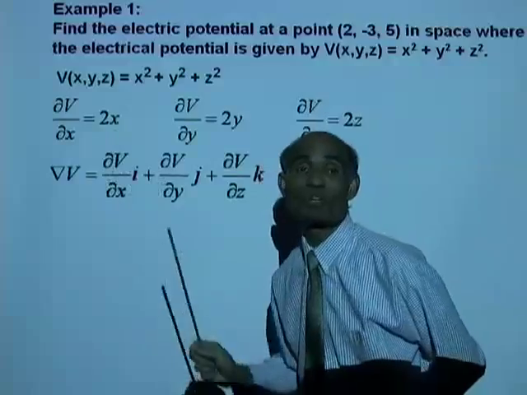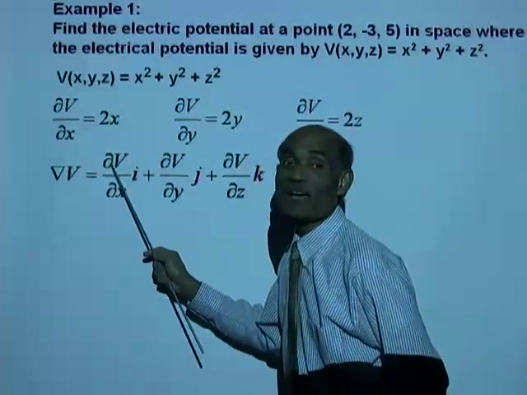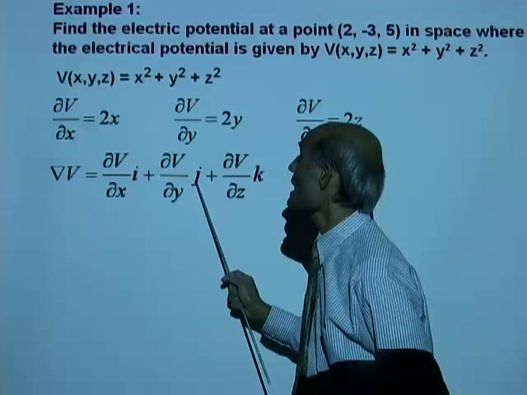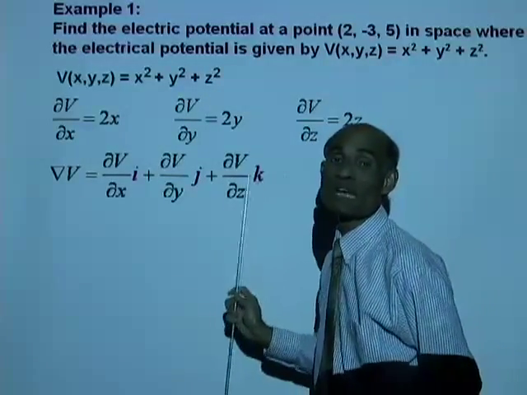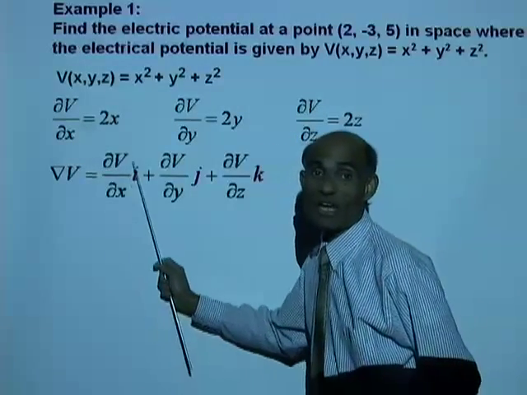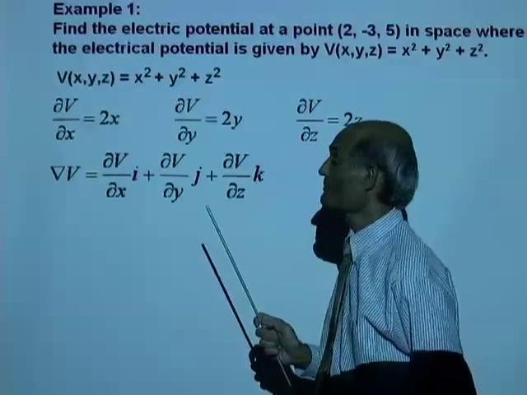And therefore, what is the gradient of the potential function? Gradient of the potential function is ∂V/∂x i plus ∂V/∂y j plus ∂V/∂z k. The gradient of the potential function has the x part, y part, and the z part.